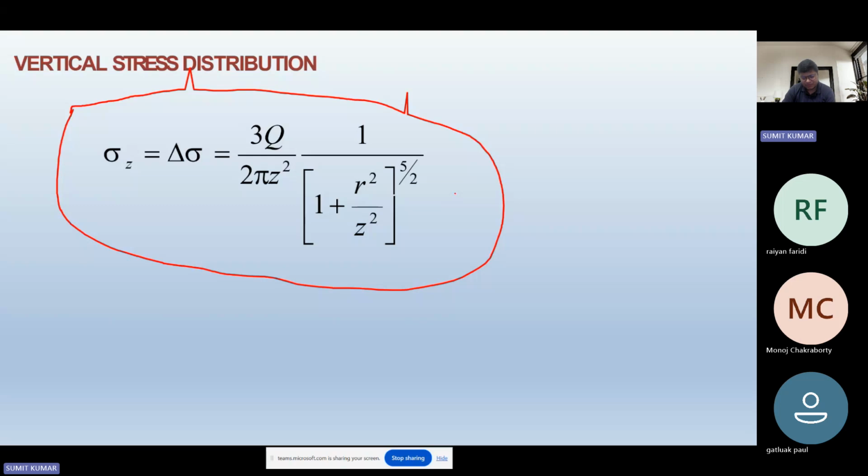In addition to that, from the Boussinesq and Westergaard equations, there is an equation for the line load also, like 2q by pi x into 1 by 1 plus r square plus z square whole square. That is not the point of discussion of this class, but when we solve problems on these topics in competitive exams like engineering services or GATE, you may see some other equations.